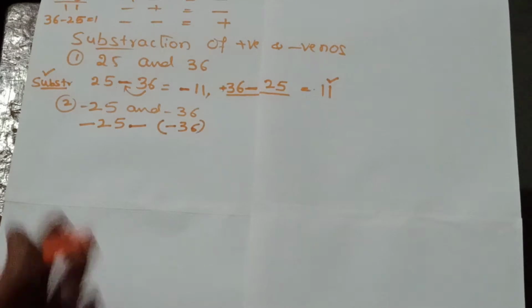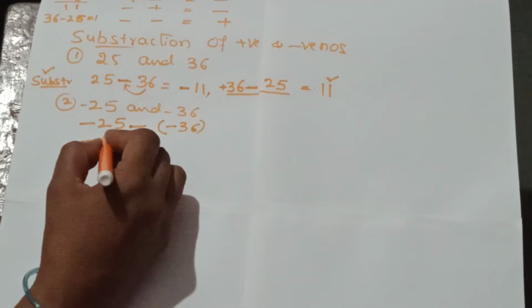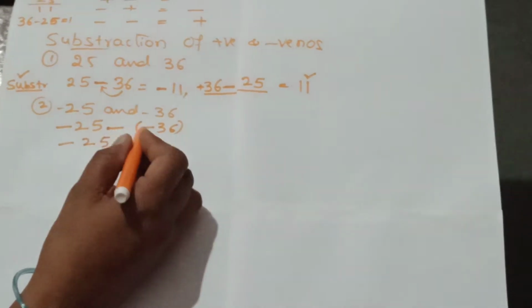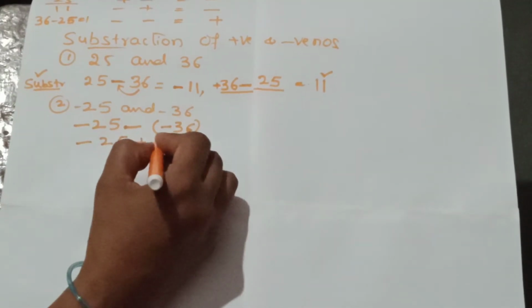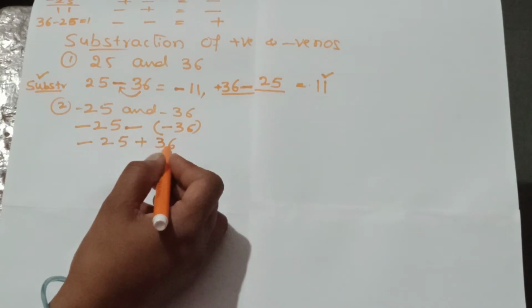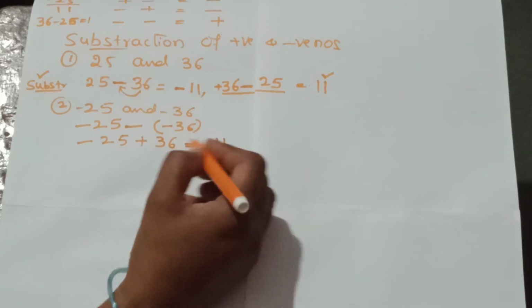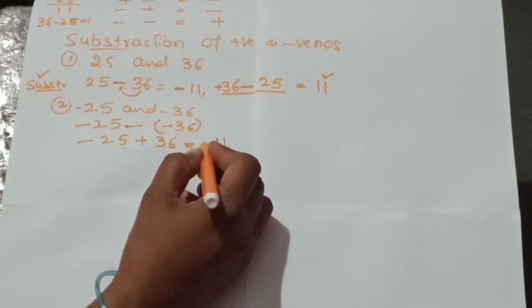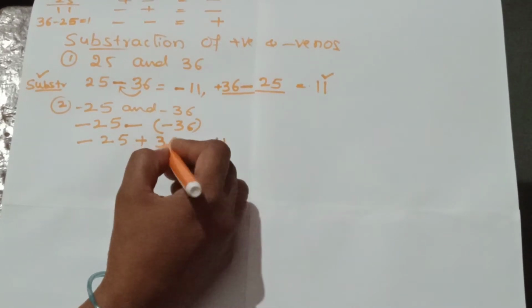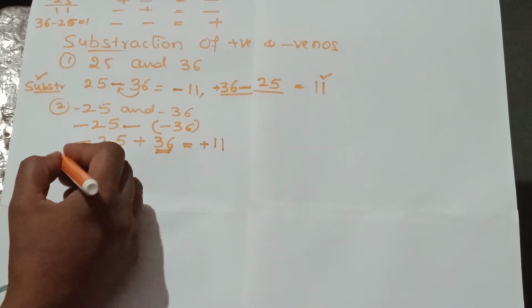It is a little different. So minus 25 minus of minus 36: this minus and minus is plus, and you are going to get 36. Here minus 25 plus 36 is once again 11, but with a positive sign because the bigger number has a plus sign.